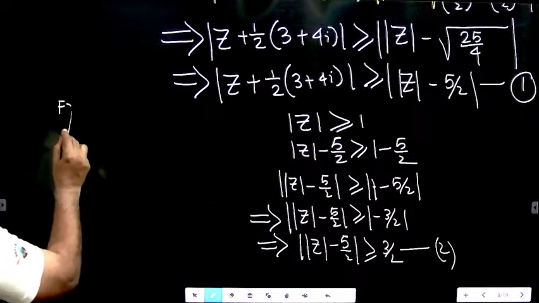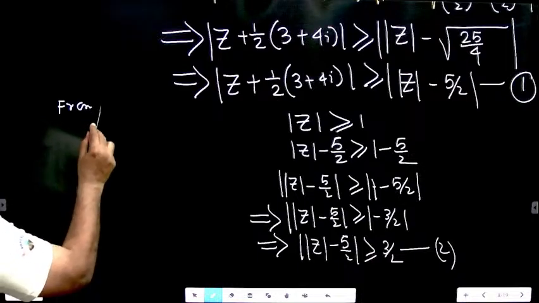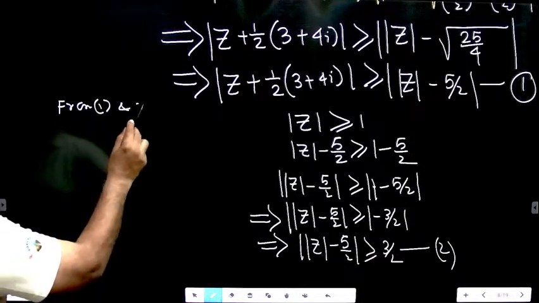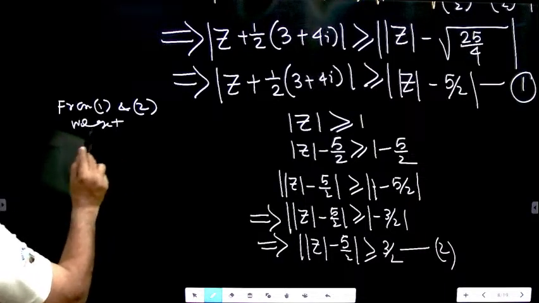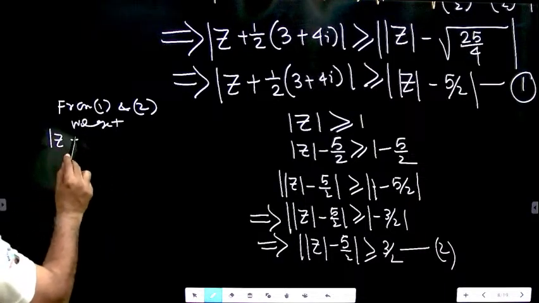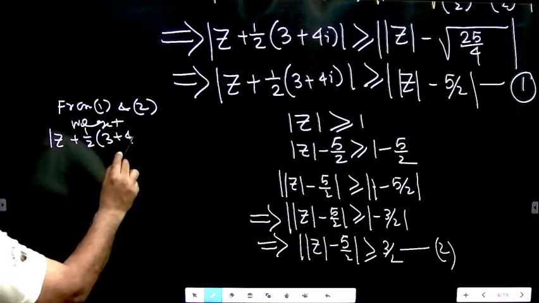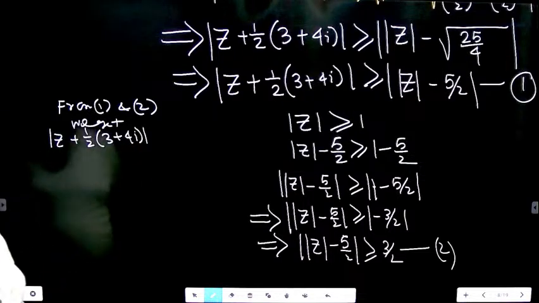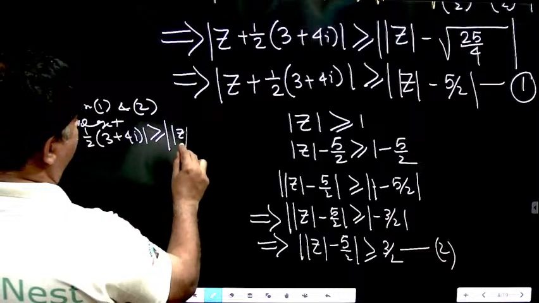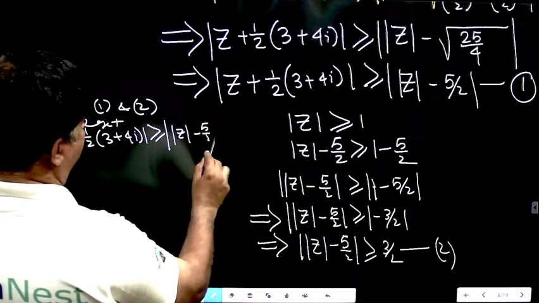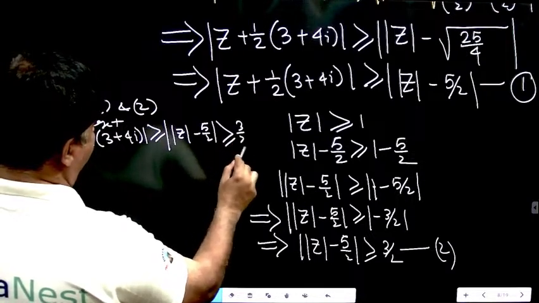From 1 and 2, we get this is greater than or equal to this, and this is greater than or equal to 3 by 2.